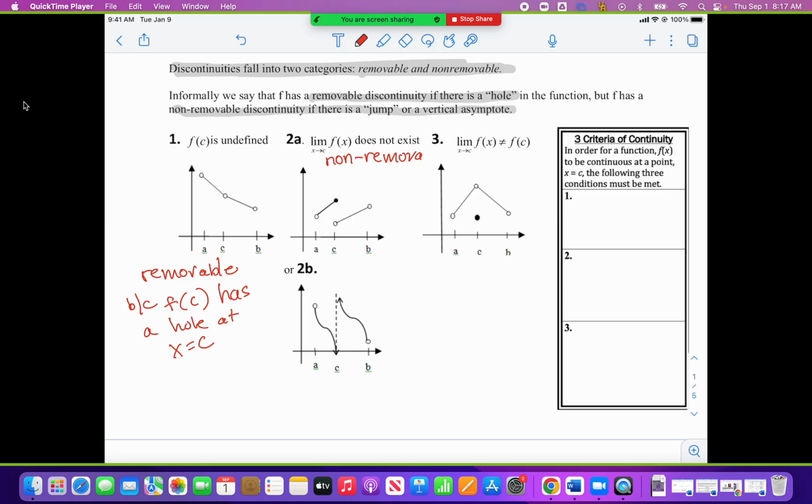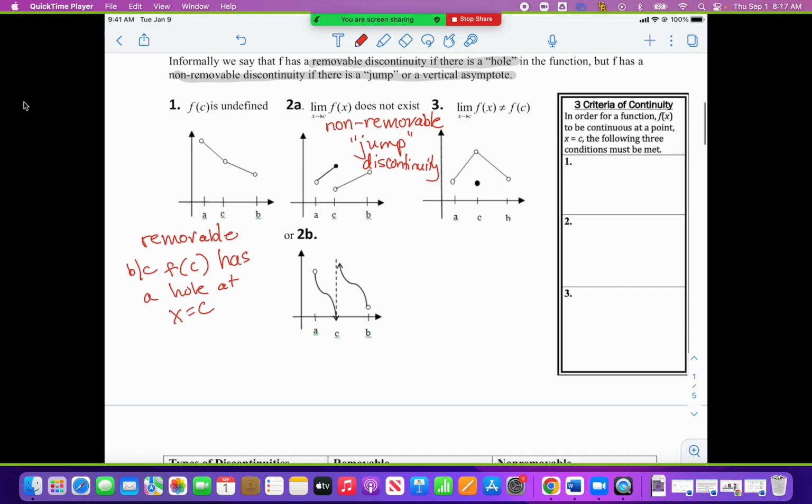And what's happening at c? Good job. It's a jump discontinuity. What's happening at 2b? There's an asymptote, so we have a vertical asymptote, so that makes it non-removable.